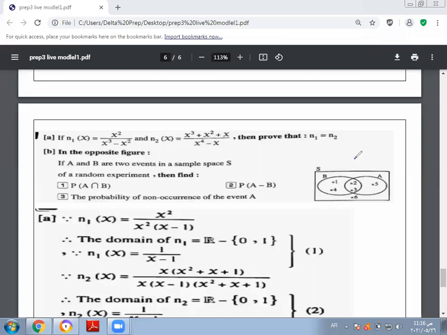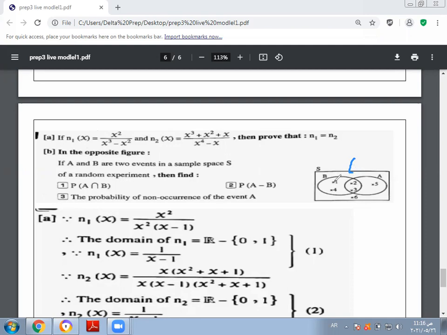A intersect B will be two elements, which are 2 and 3. This place is 2 and 3. So the probability will be 2 over the number of all elements of the sample space.